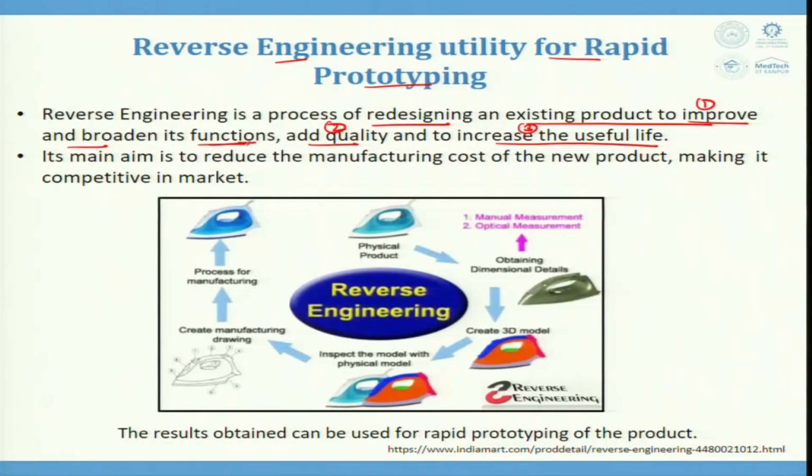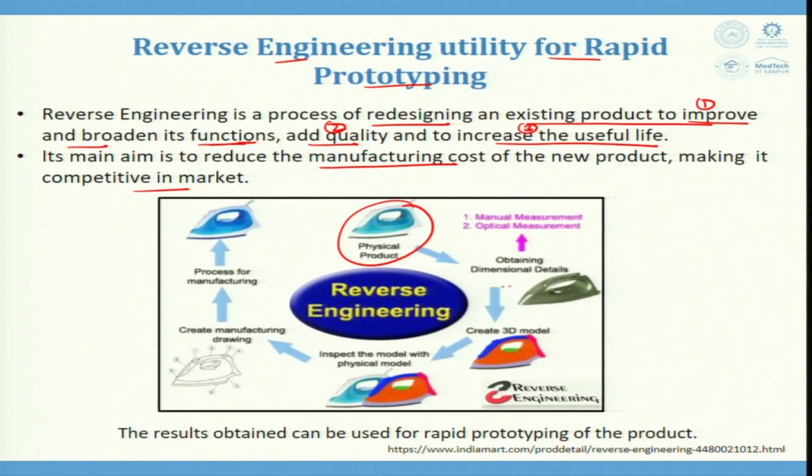I am trying to produce something for 1000 that is available for 10,000 at some other place. To reproduce that, I can 3D scan it and try to have better functions over it. So, that also is one of the uses of rapid reverse engineering. Its main aim is to reduce the manufacturing cost of the new product, making it competitive in the market. The results obtained in the rapid prototyping of the product, you can see we have this physical product here.